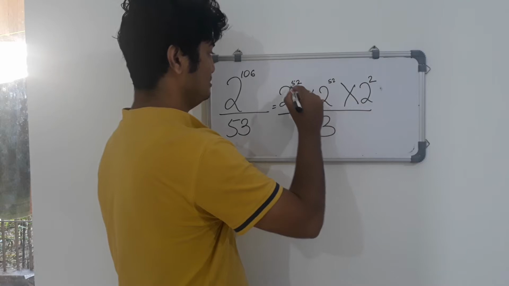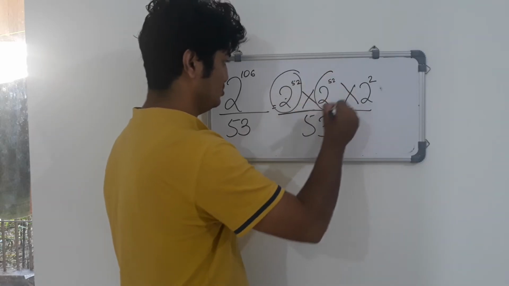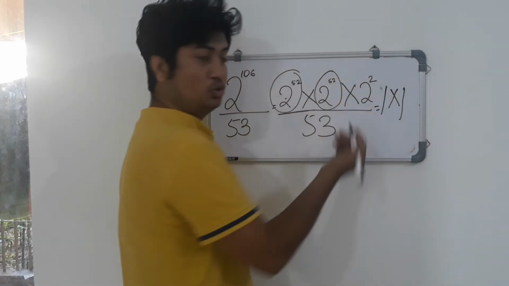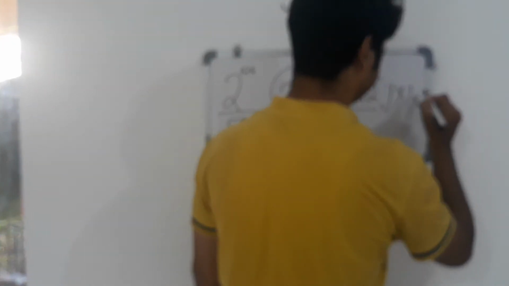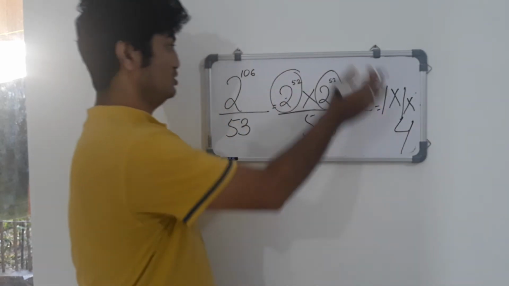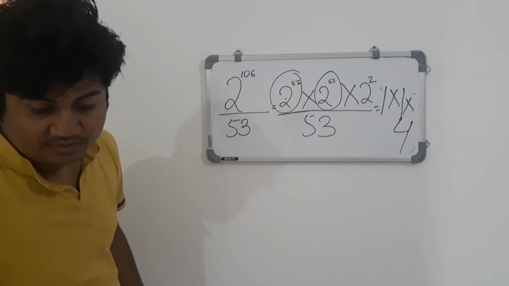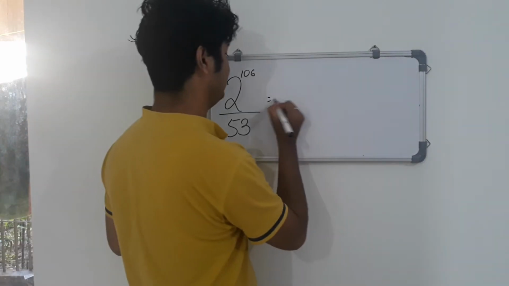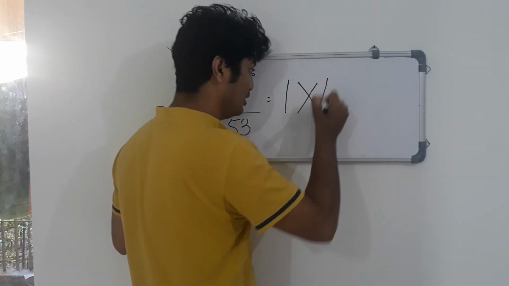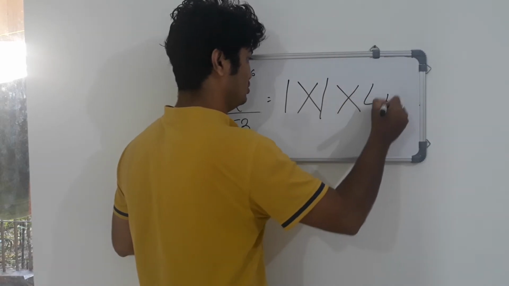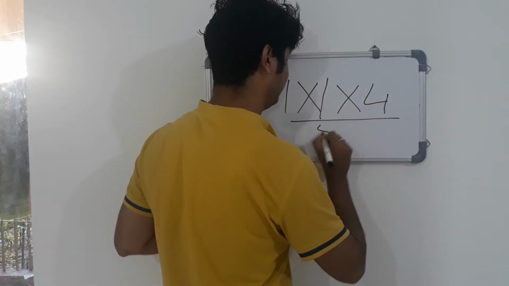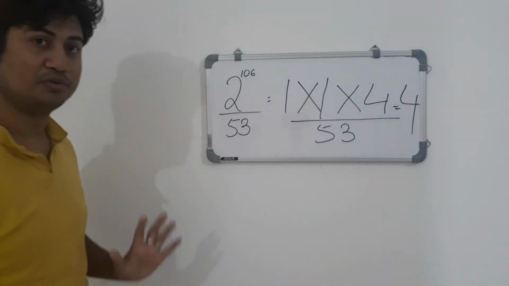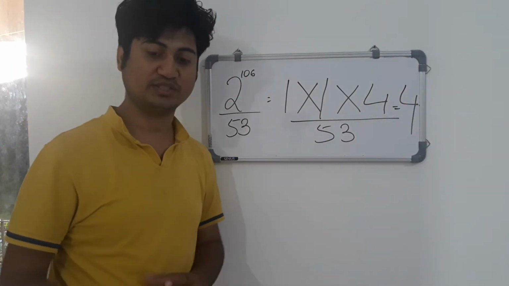So both of these are in that form. So I can write it as 1 into 1. 2 square is effectively 4. So the equation is now 1 into 1 into 4 whole divided by 53. So the answer is 4. And this is how you go about using Fermat's theorem to solve any question.